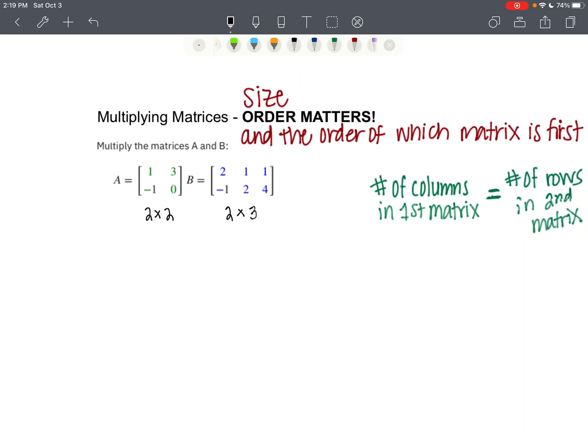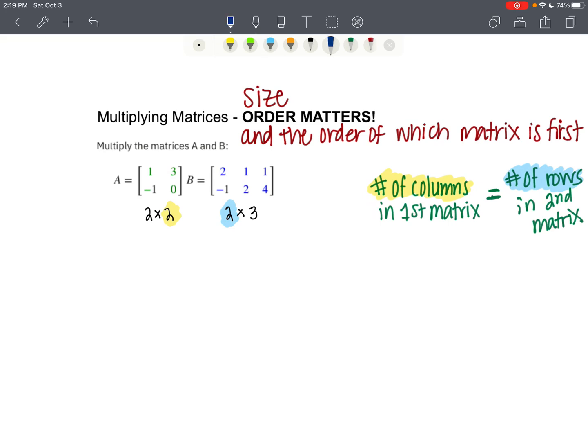The number of columns in the first matrix, that's going to be this number right here, rows by columns, needs to equal the number of rows in the second matrix.